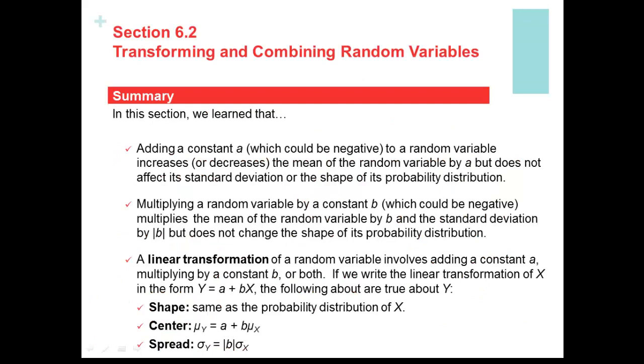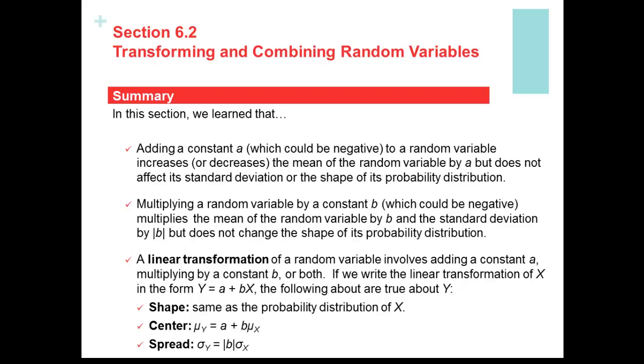In summary, remember, a linear transformation of random variables involves adding a constant a, multiplying by a constant b, or both. If we write the linear transformation of x in the form y is equal to a plus bx, the following about the distribution is true. The shape will be the same as the probability distribution of x.